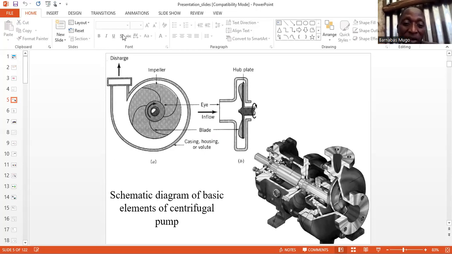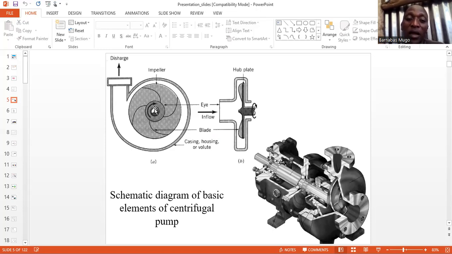After the rotation of the shaft, as you can see from diagram B, it is going to rotate the impeller, because that shaft is connected to the eye of the impeller. And because the eye is connected to the vanes and everything, it is going to allow the movement of the impeller.